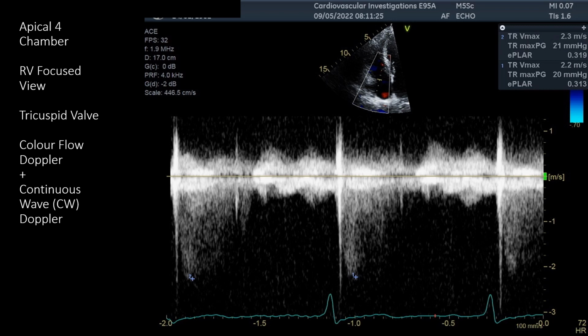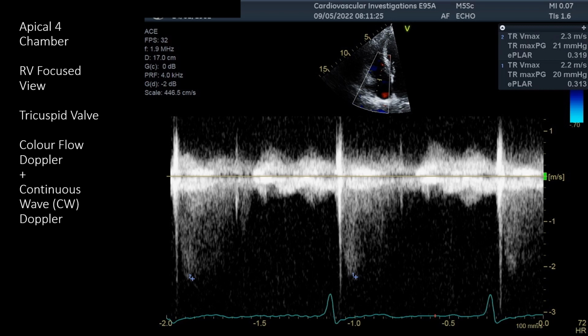And again, we can use continuous wave Doppler to interrogate that and measure the tricuspid regurgitant jet maximum velocity, which allows us to estimate the right ventricular systolic pressure after we've made an estimation of what right atrial pressure is.